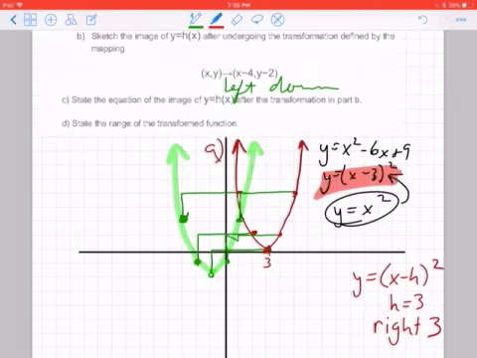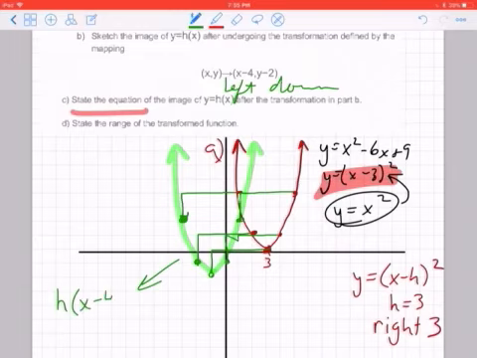So when it's asking us to state the equation of the image, we can say that this new equation is h at x plus 4, because we're moving it to the left, and then down 2, so minus 2.